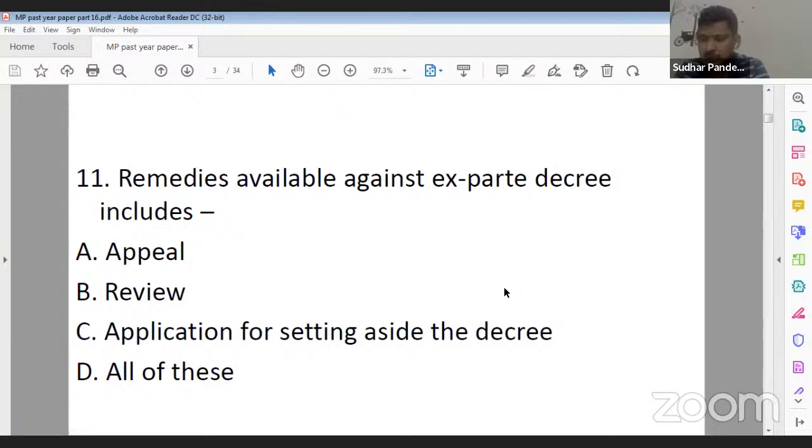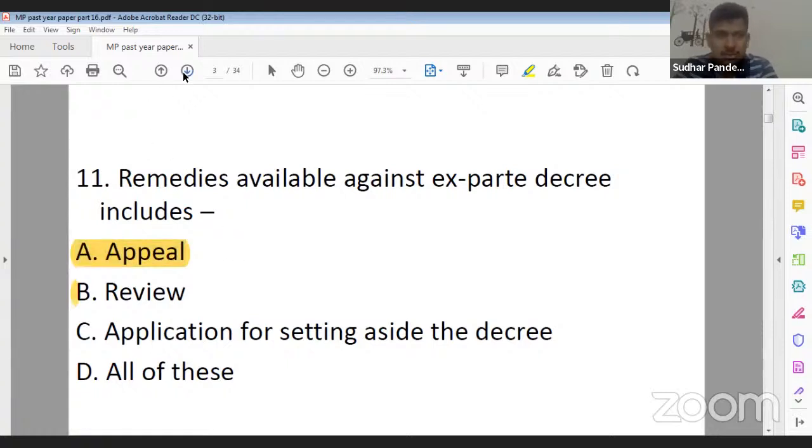Question number 11. Anyone having any idea what should be the correct answer? Appeal, review, application for setting aside the decree, and all of these. Its correct answer will be appeal, right? So this is the remedy available against an ex parte decree.